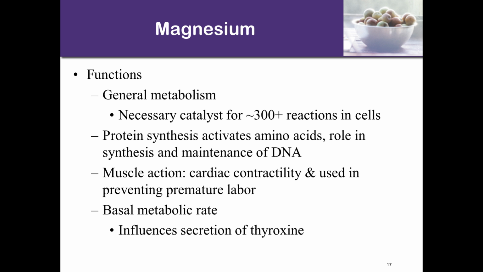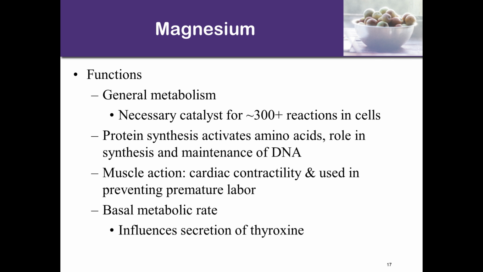Now magnesium ion. Its function is general metabolism, a necessary catalyst for 300 plus reactions in cells. Magnesium is a very important ion because it also acts as a cofactor, during protein synthesis or during maintenance of DNA.